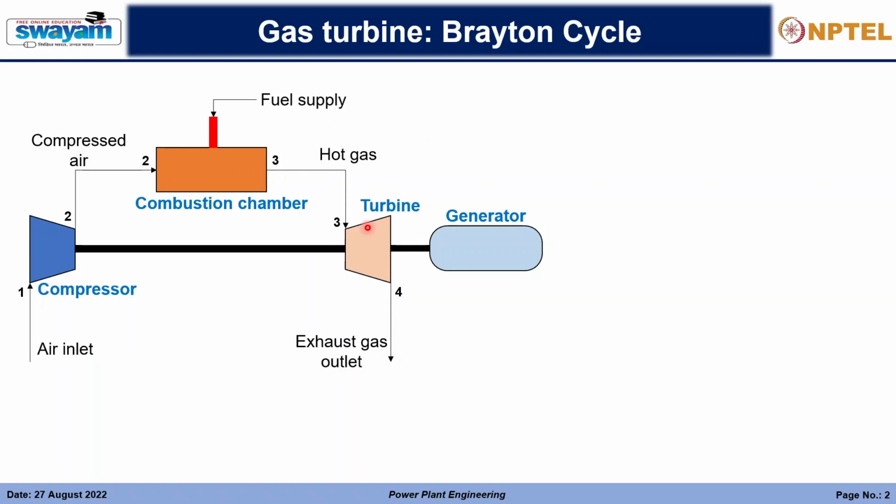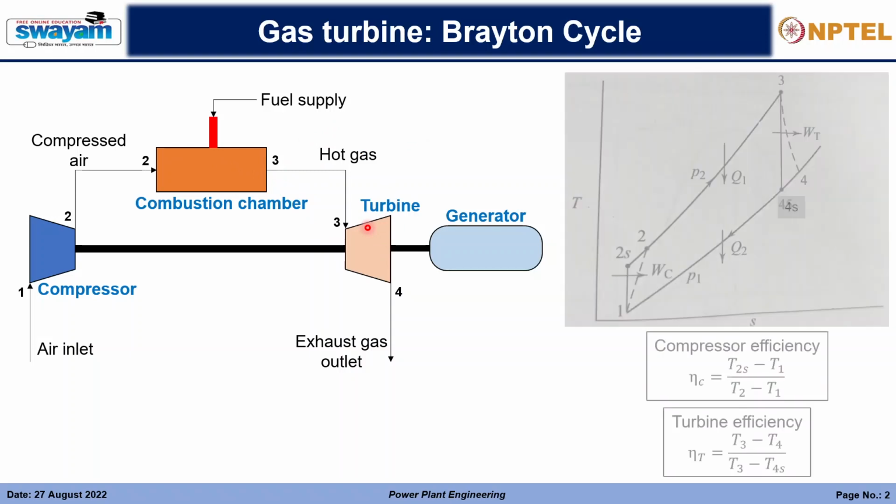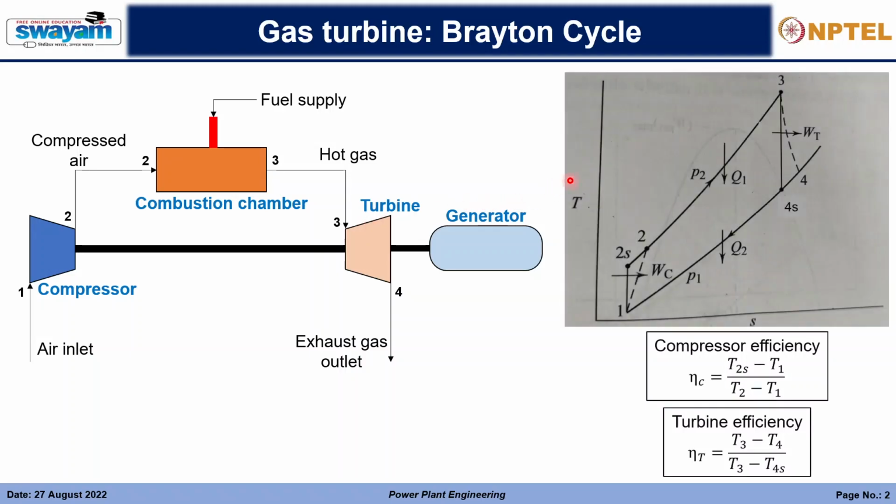This is the schematic for an open cycle gas turbine, and this is its temperature-entropy diagram. In process 1 to 2, the air is inlet to the compressor, and the compressor compresses it.